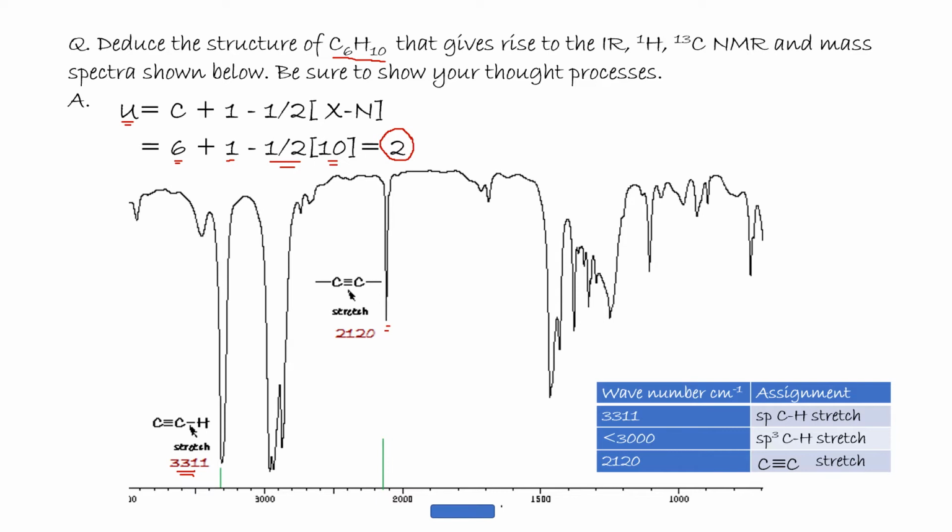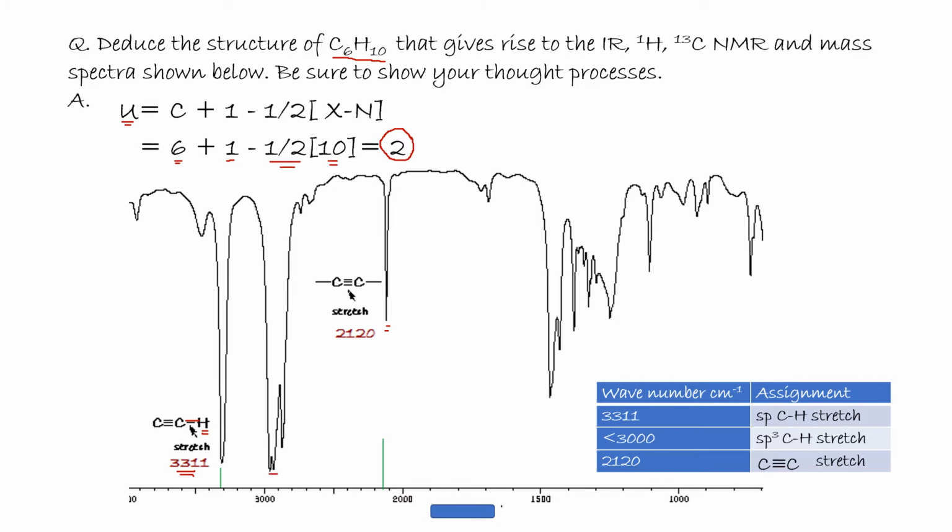This indicates that you have a carbon triple bond H, a terminal alkyne. So you have the sp C-H stretch and the carbon triple bond stretch.